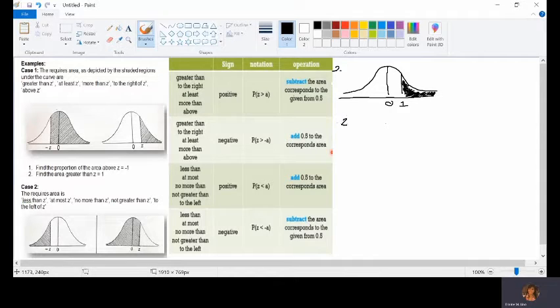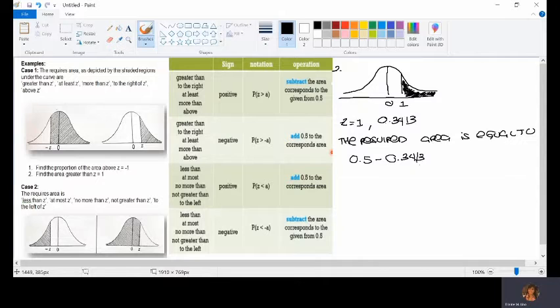And to find that, we're going to find the area using the Z table. Z equal to 1 corresponds to 0.3413. Therefore, the required area is equal to 0.5 minus 0.3413.